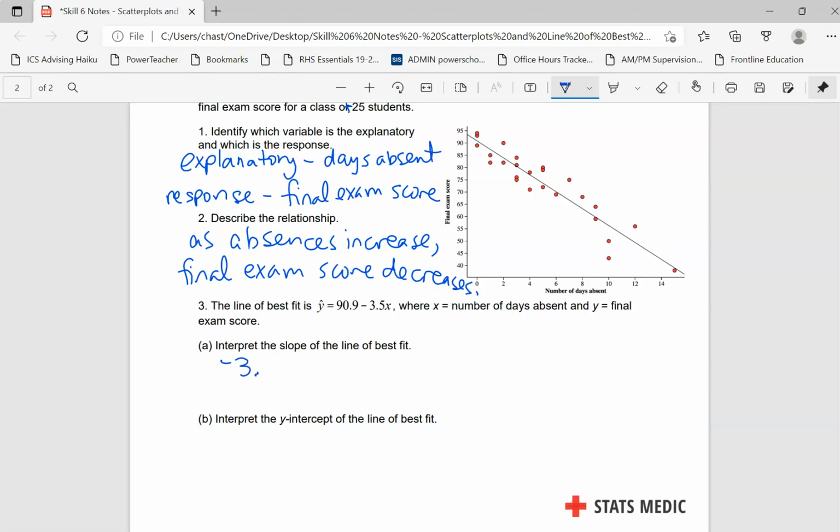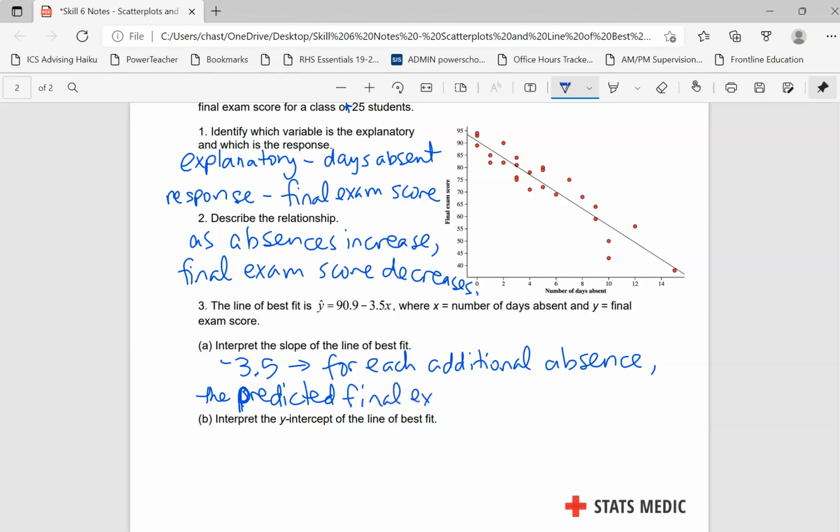Negative 3.5: for each additional absence, the predicted final exam score decreases by 3.5 points.